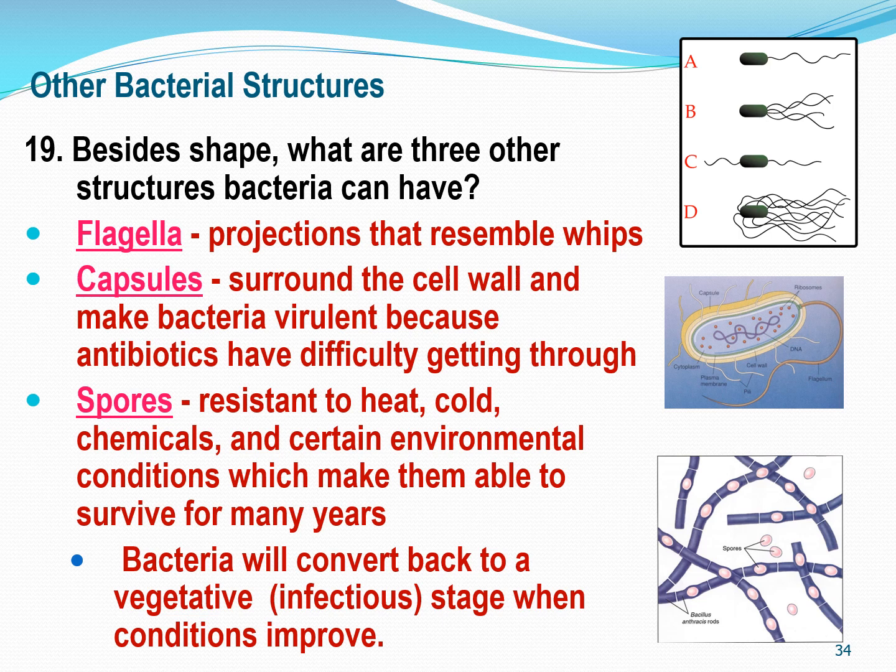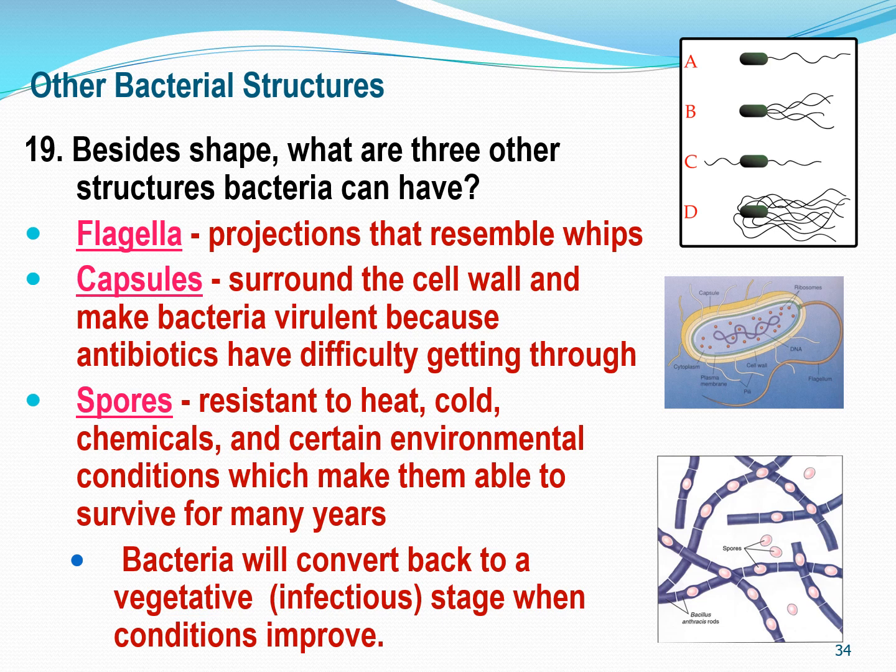So besides shapes, what are three other structures bacteria can have? We would talk about flagella, which are projections that resemble whips. You see that picture up at the top to the right. I'm going to give you some examples in these pictures over on the right-hand side, and there are a lot of really great examples in your textbook as well.